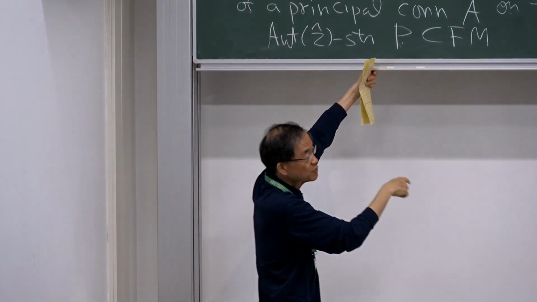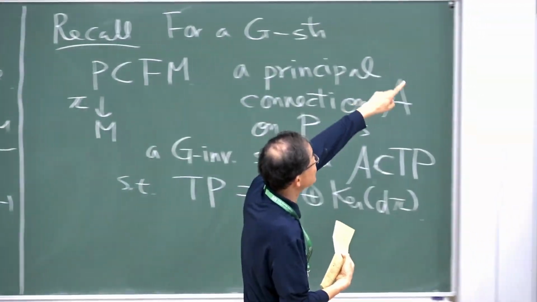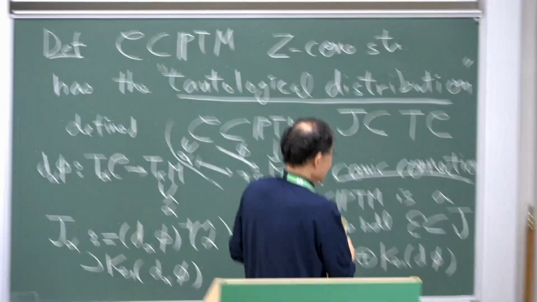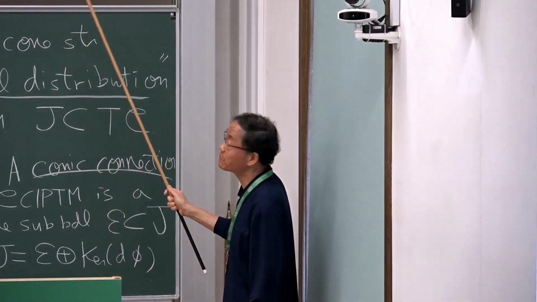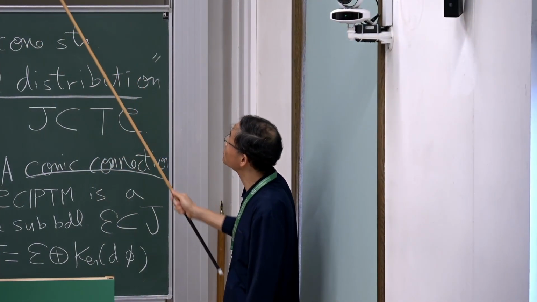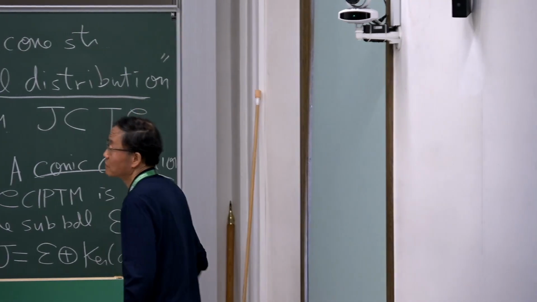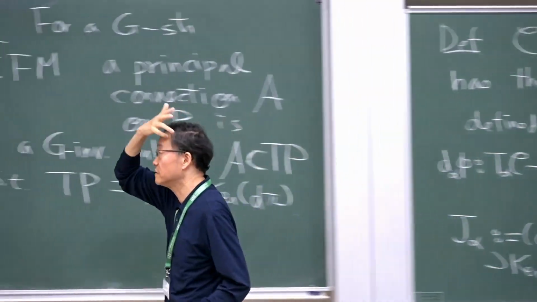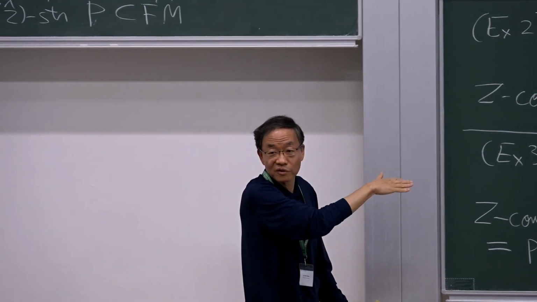It's something easy to show. In other words, what we just said here is that a principal connection, the usual principal connection on a principal bundle, induces a geodesic conic connection. This is typical. In most cases, any conic connection arises from that construction.